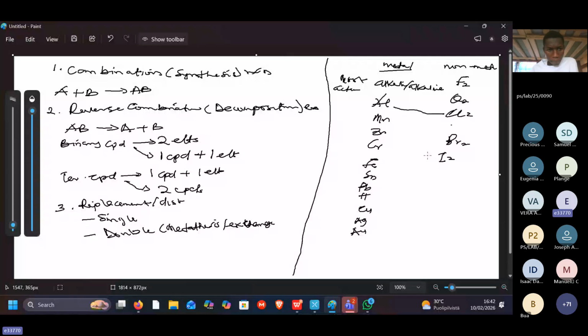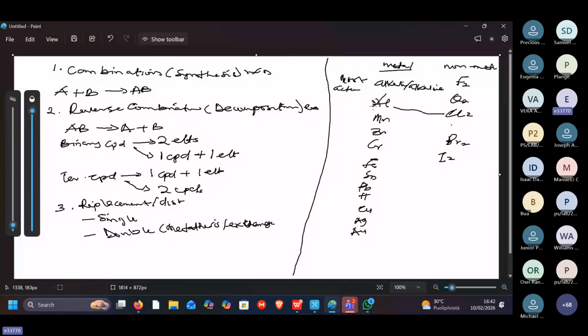So for substitution reactions, the basic concept here is that we understand some elements are more active than others. And so the most active element will go to displace, replace, or substitute the less active element.